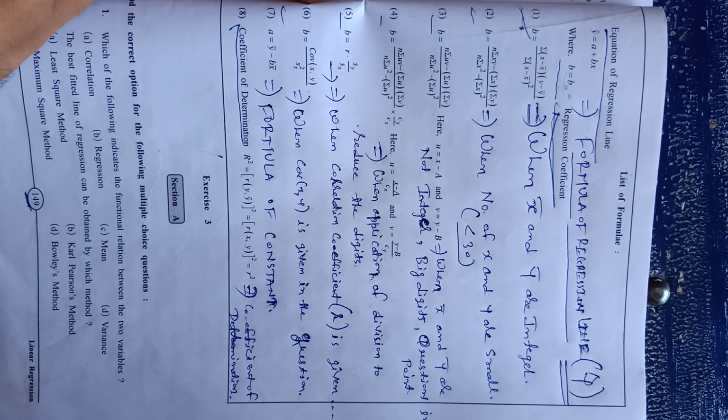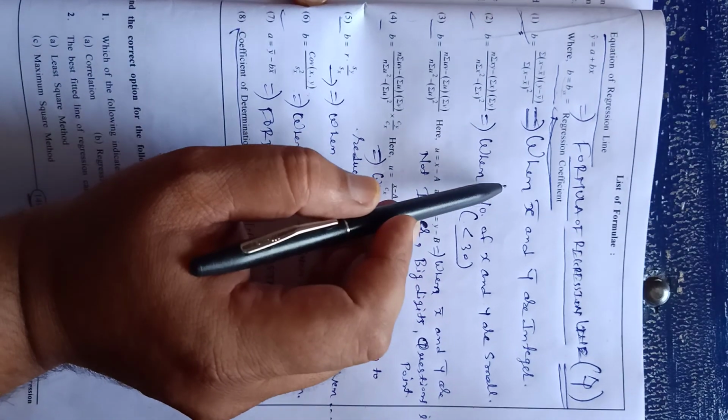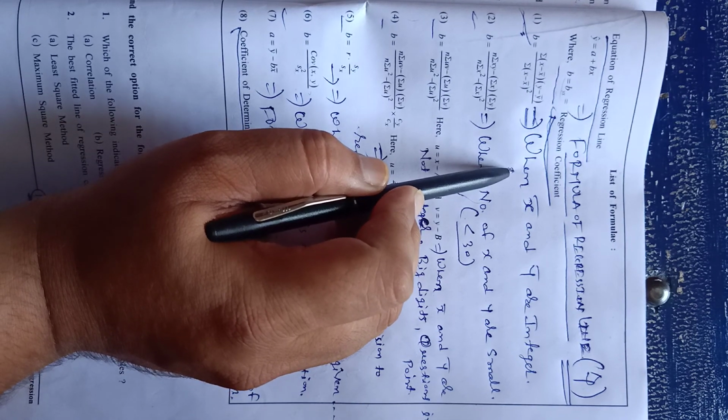You all remember that in linear correlation, I provided you notes on which formula to apply for which situation. In the same way, in linear regression also I would like to give you detailed notes on which formula of regression coefficient, that is B, you can apply as per the situation.